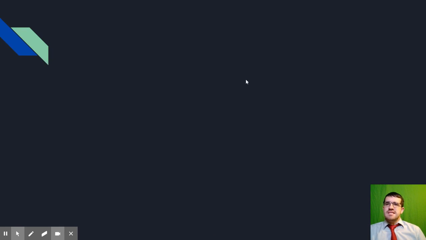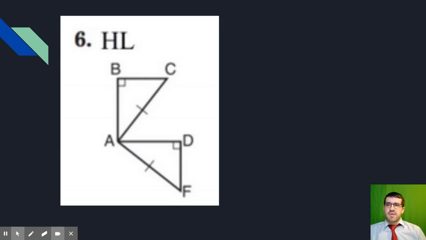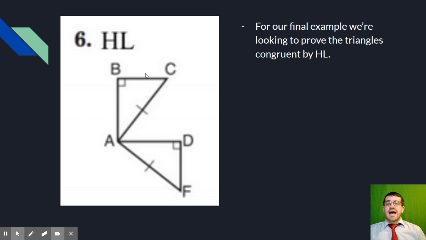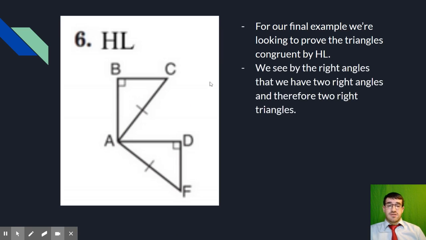And for problem 6, our last problem of these types before we get to the proofs, everybody's favorite, we have to prove these two triangles, triangle BCA congruent to triangle DFA by HL. Now remember, we have 3 conditions that are necessary to prove triangles are congruent by HL.